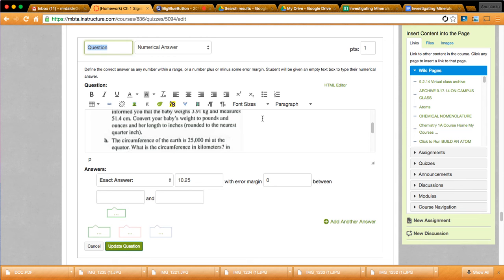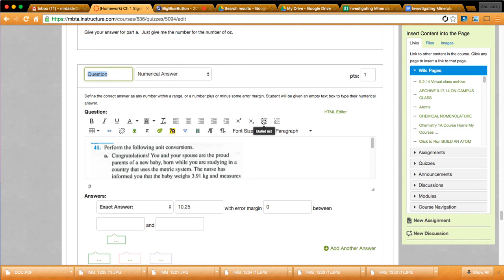Let me see. 41. In this book. I told the computer to tell you it was 10. I must have put the answer in wrong. The answer is 20.3.